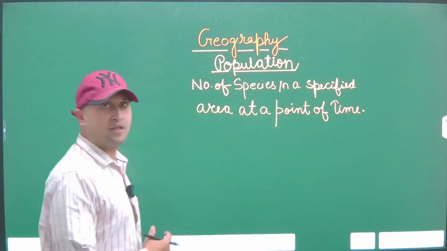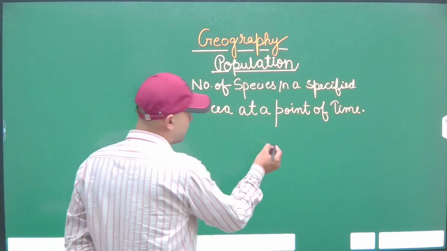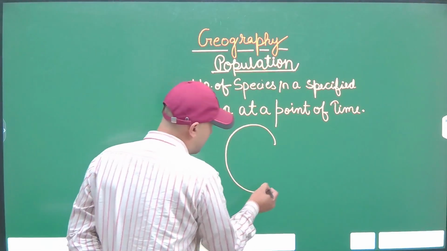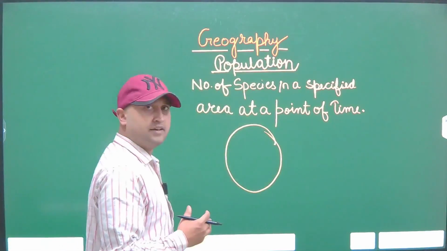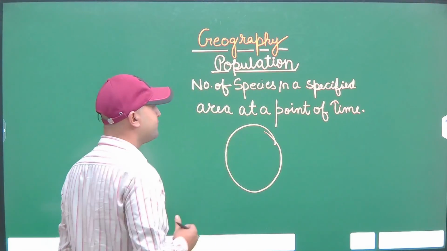Correct? Let us suppose this is an anonymous geographical area.